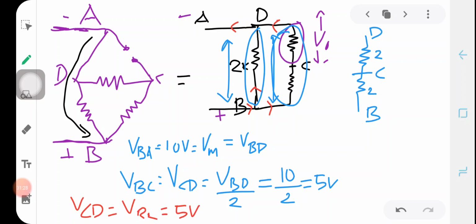Now if we consider the direction of the current, you can see that the current flows from here to here, that is represented by this red line.